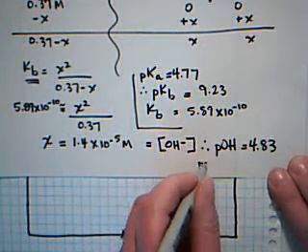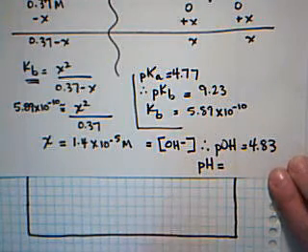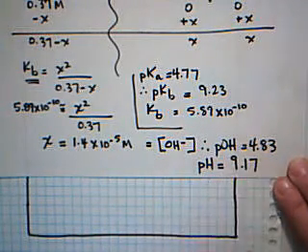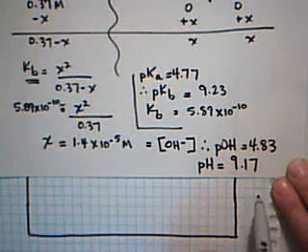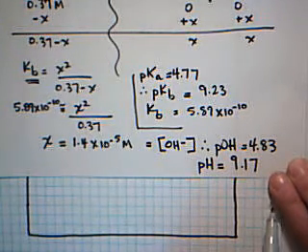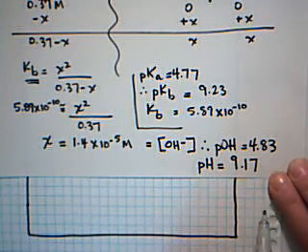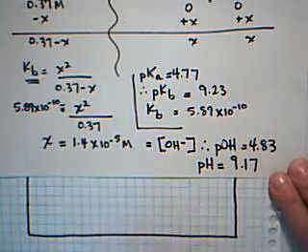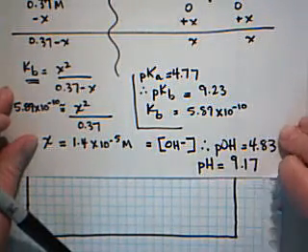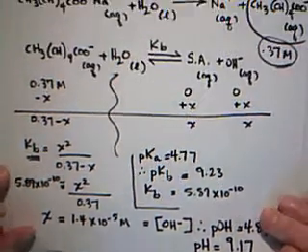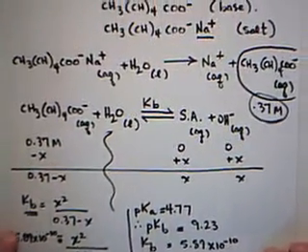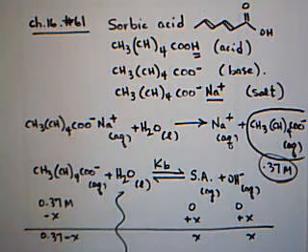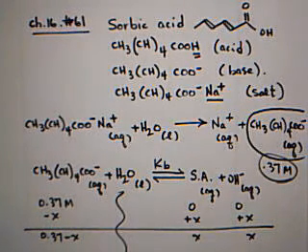And finally, my pH is equal to 14 minus 4.83, and that's 9.17. And that makes sense. I was expecting a basic pH because this was a solution of the conjugate base of sorbic acid in water. So there's your final answer, 9.17. And that's the final question also on this handout from mainly chapter 16. So great stuff, great review for the exam.